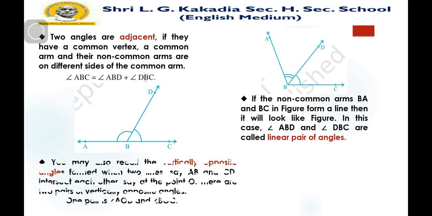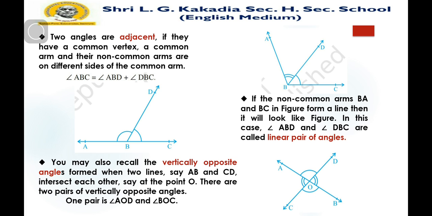As well as, you may also recall the vertically opposite angles formed when two lines, say AB and CD, as you see in the figure, intersect each other, say at the point O. There are two pairs of vertically opposite angles. When two lines intersect at any one point, both the lines generate four angles.